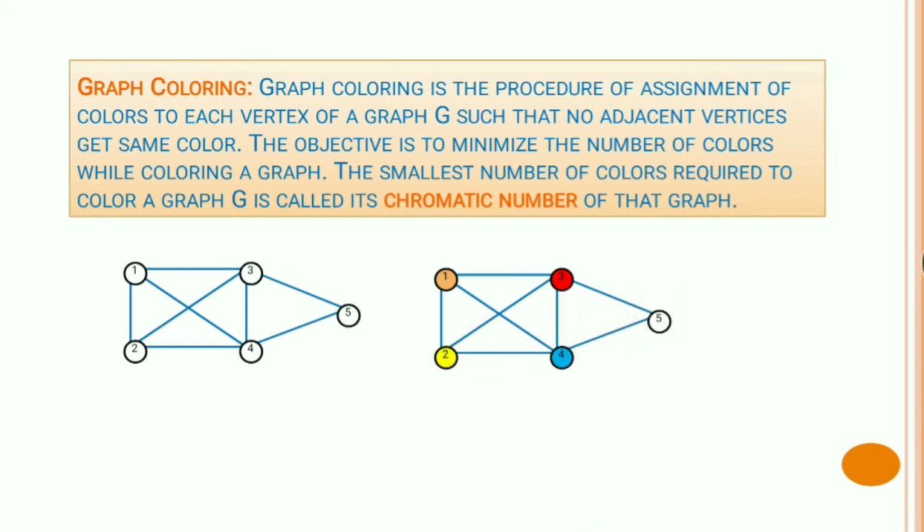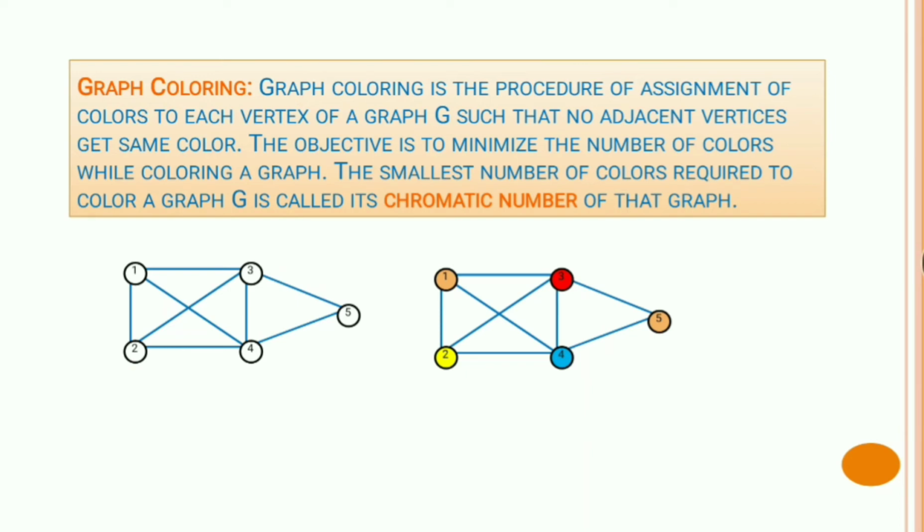We could use a new fifth color here, but we should use the minimum number of colors, so we'll use either orange or yellow. So we color it orange. This is how we have colored the 5 vertices of the given graph.